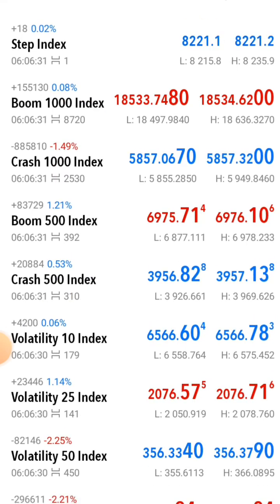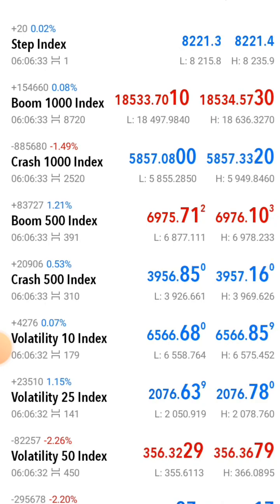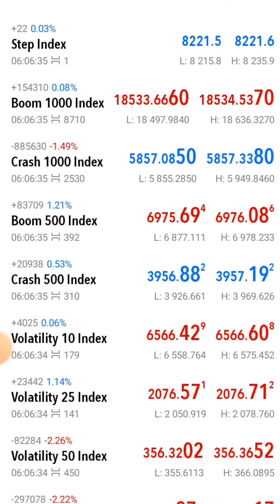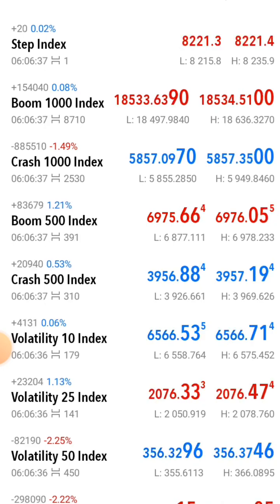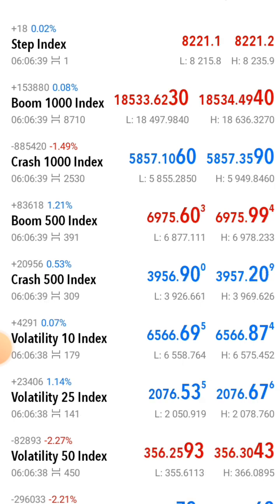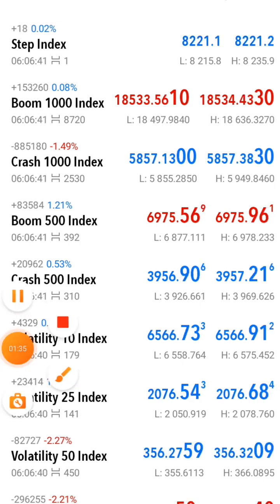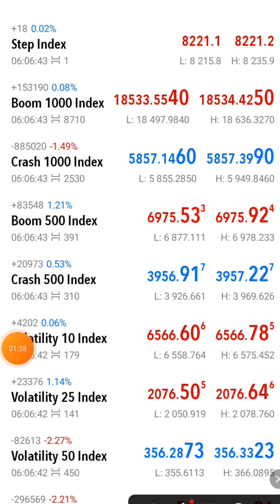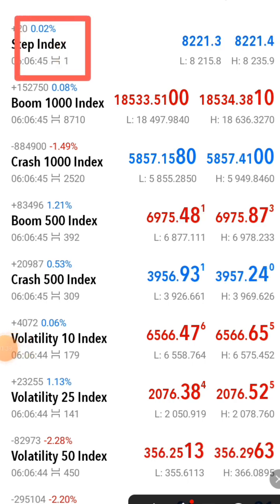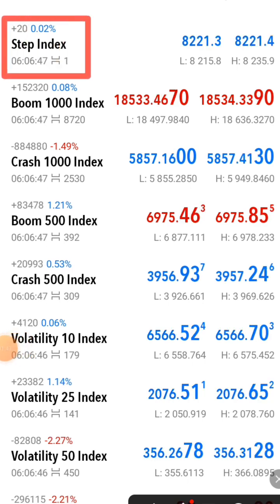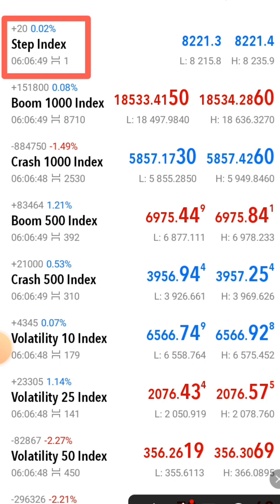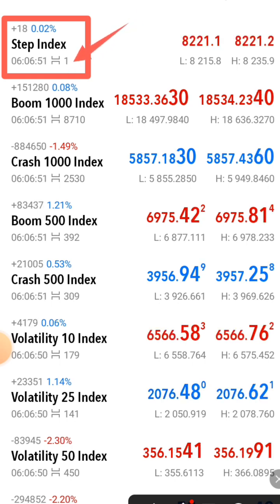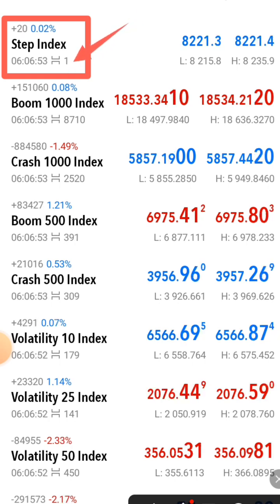All right, now if you check the normal, or will I say the formal volatility, you will notice something. The step index, the first step index that we have, which is this one I have up there. If you check the number, the only number you have there is just this, which is the 1.